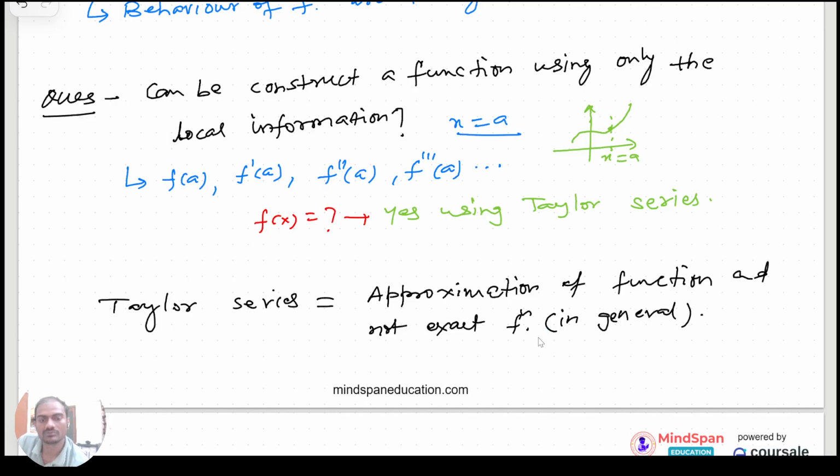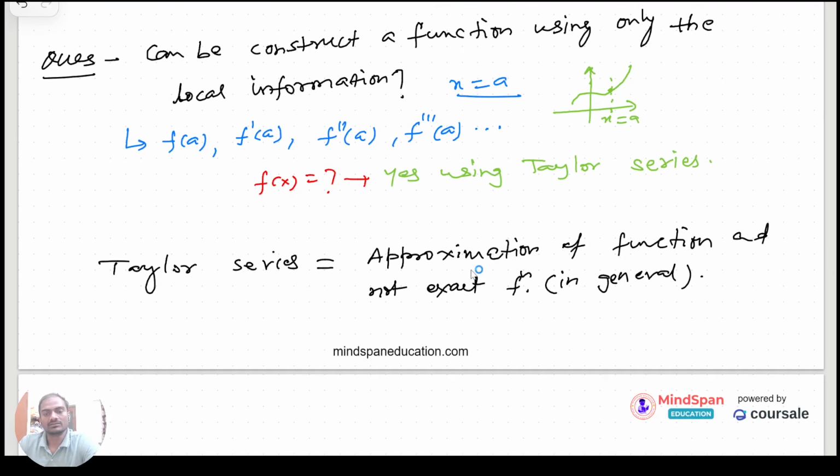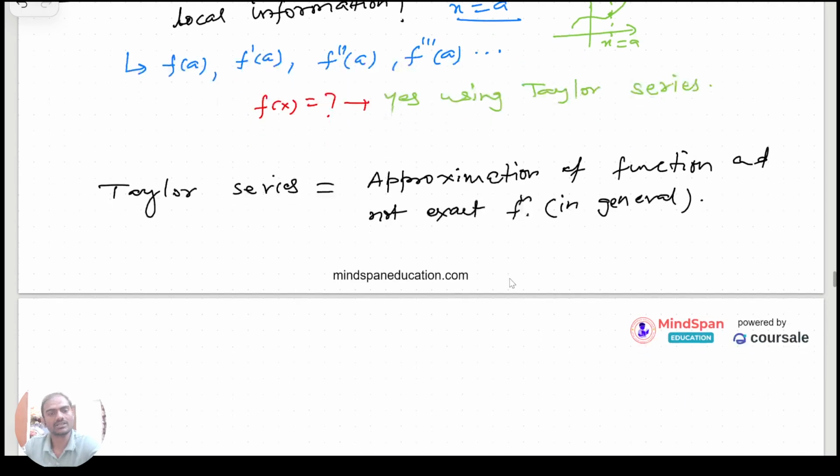When we move towards infinity, the error term becomes exactly zero. In those cases, these approximate series match the exact value of the function. But in general, they are approximations of the function. What value we get is an approximate value of the function, not the exact value.